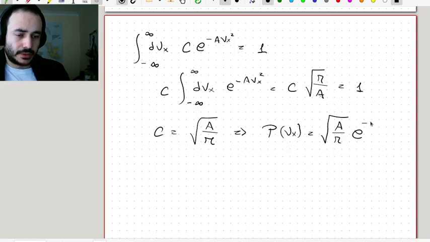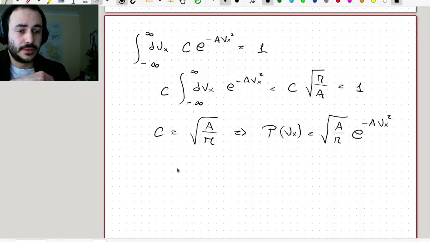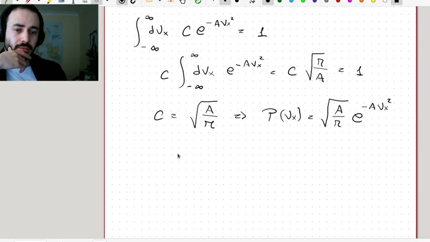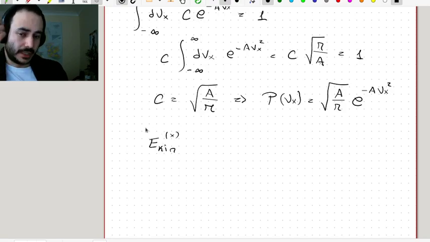For finding a, we have to resort to what we know about mechanical systems in thermal equilibrium, that is this equipartition theorem. Remember that the contribution of the x component to the kinetic energy per molecule, when you average that, is 1/2 of m vx squared averaged.